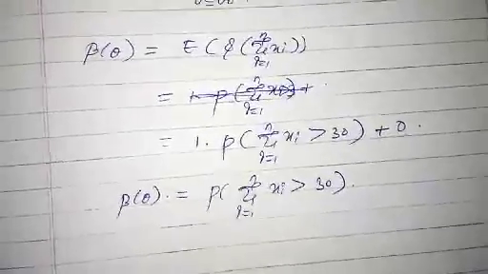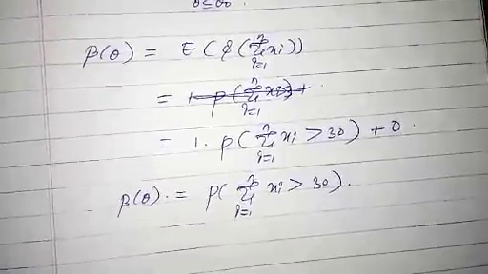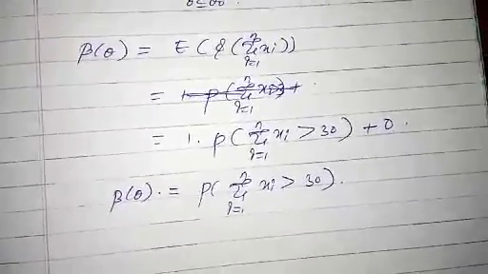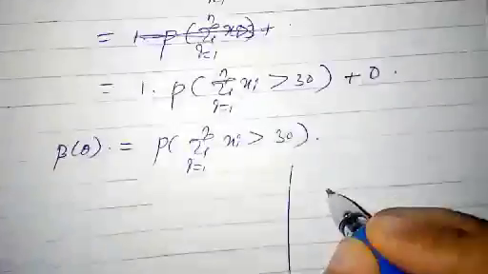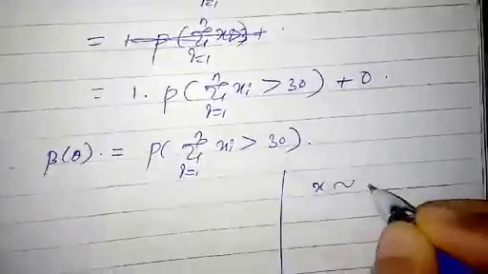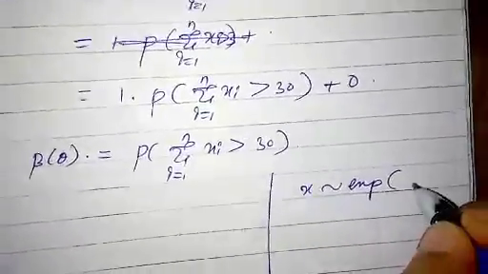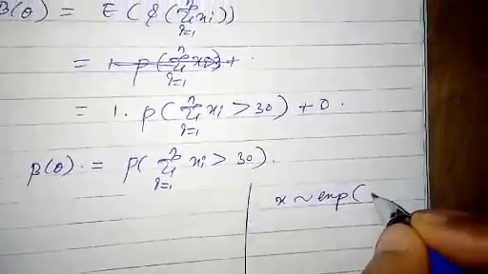For that we have to find out beta dash of theta, right? So here we know that x follows exponential distribution with mean theta.